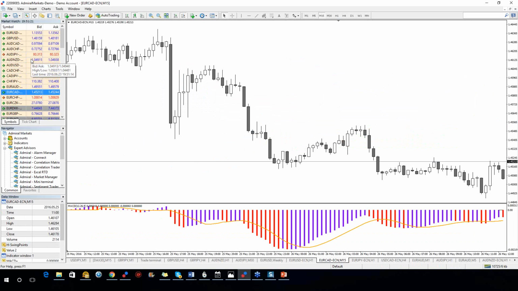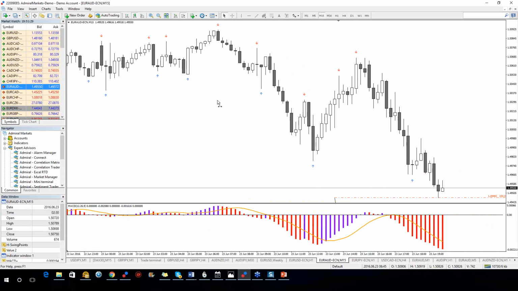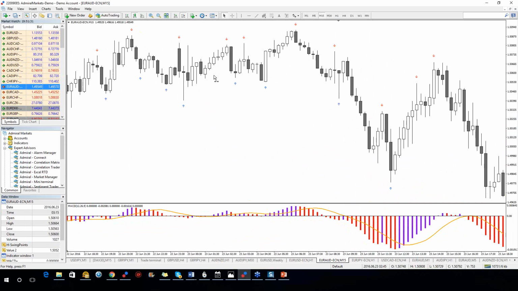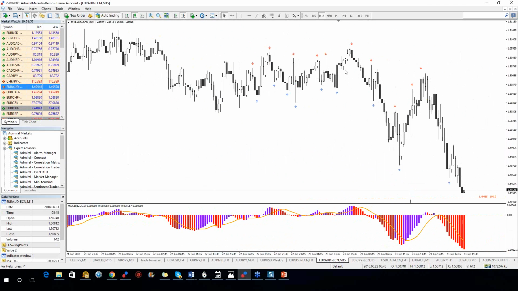Let's see, guys, Euro Dollar. I told you that it should go down today, and I hope that you shorted it, okay? Even on the 15-minute time frame, it looked bearish here, guys. Even on this time frame, it looked bearish, and I hope that you made some profit.